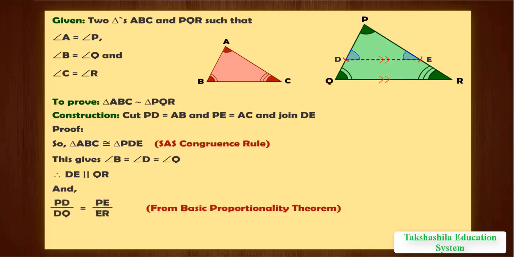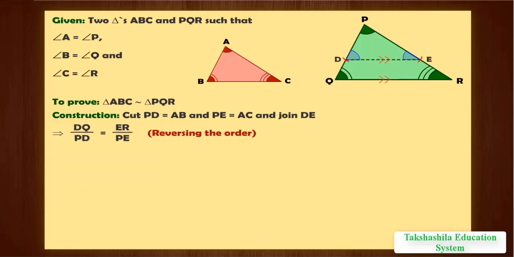And by the basic proportionality theorem, PD upon DQ is equal to PE upon ER. Reversing the order, we get DQ upon PD is equal to ER upon PE. Adding 1 to both sides, we get DQ upon PD plus 1 is equal to ER upon PE plus 1.